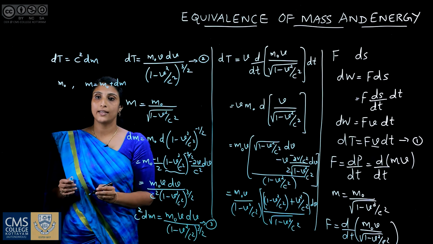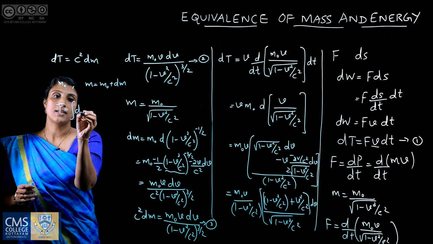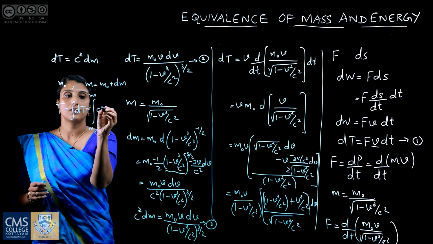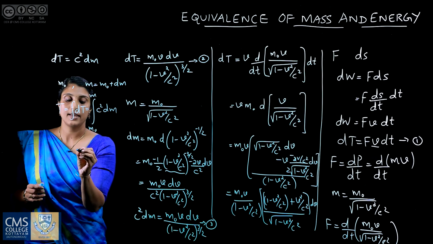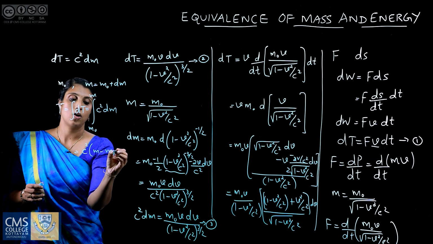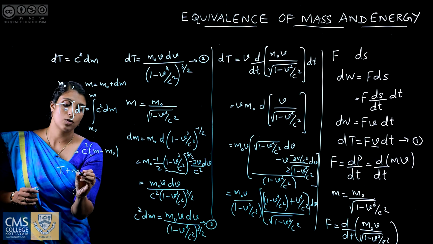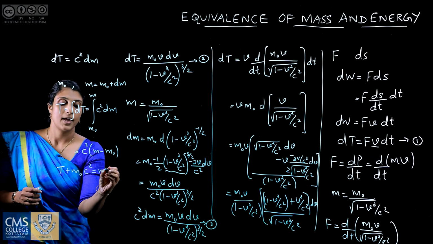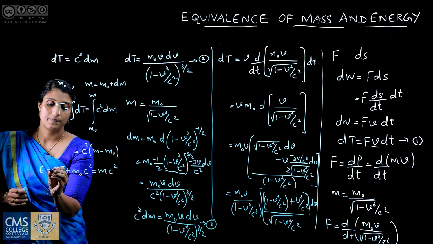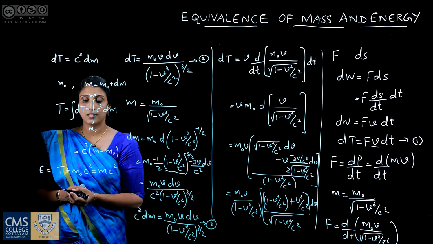Then the total kinetic energy acquired by the particle, T equals integral dT, that is integral from m0 to m of c square dm, that is c square into upper limit minus lower limit, that is T plus m0 c square equals m c square, that is E equals m0 c square plus T, which is equal to m c square.